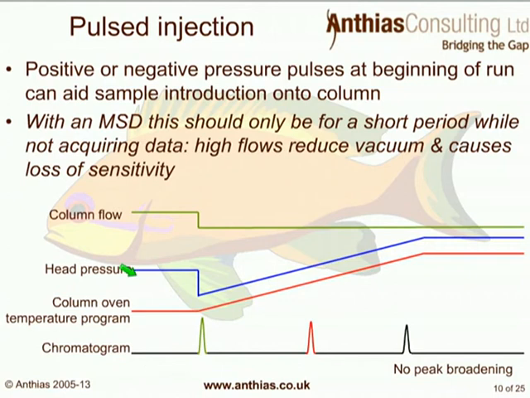Of course, if we use very high pressures here, this will also increase the flow rate into the mass spectrometer, which isn't a problem as long as we don't reduce the vacuum by too much, and also that we then reduce it again when we're separating our analytes through the column and they're eluting into our mass spectrometer, just to make sure that we don't lose any sensitivity.